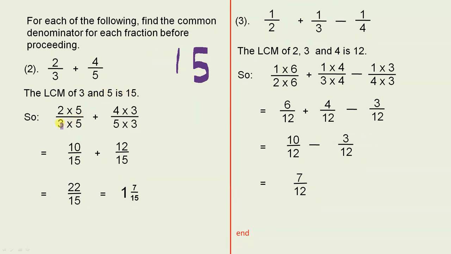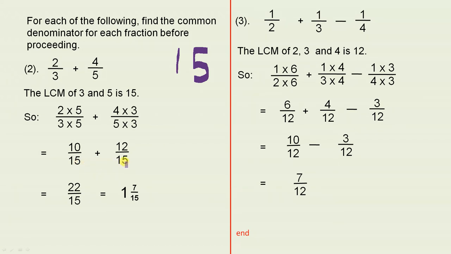So how do we make this 3 a 15? Multiply it by 5 and do the same for the numerator. How do we make the 5 a 15? Multiply it by 3 and do the same for the numerator. That calculation gives us 10 over 15. That calculation gives us 12 over 15.